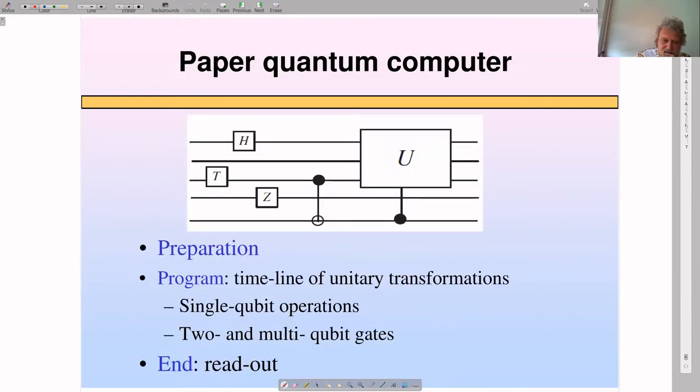Good. Let us describe the quantum computer, although it's not yet implemented in hardware. On paper, we have it. And let us understand how it would work.